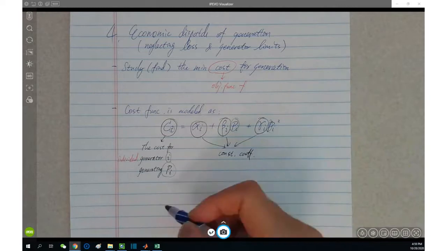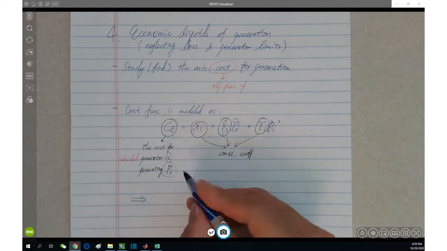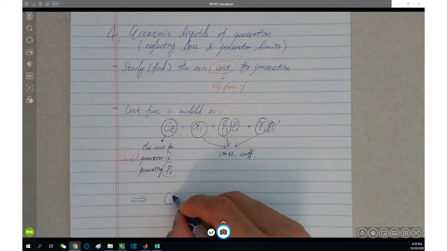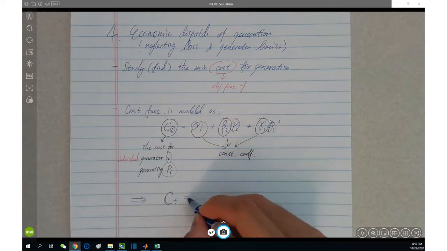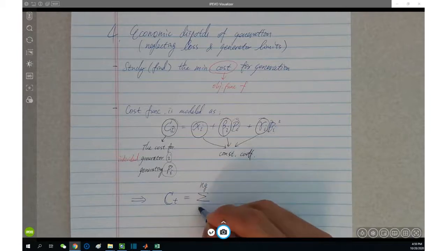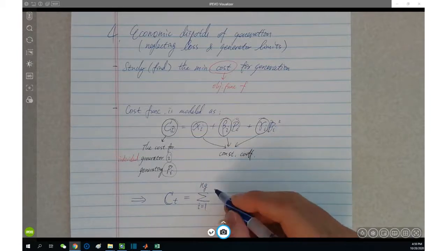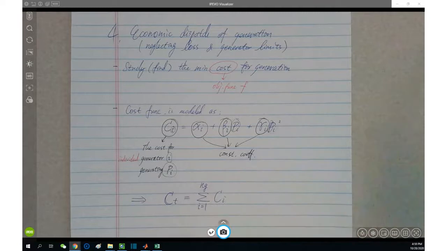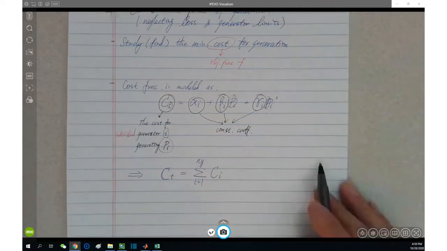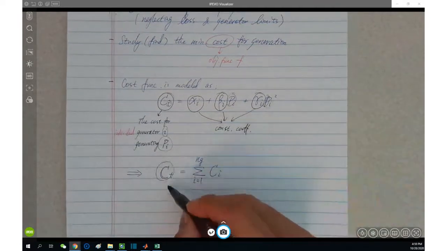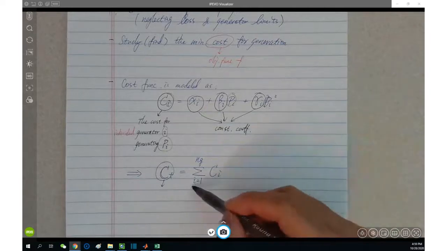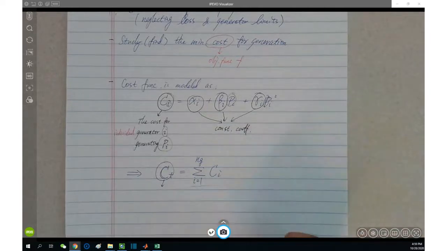Somehow you model them and come up with these constant coefficients. And this introduces capital C sub t, which equals, now it's not difficult to guess, right? By this equation, this C sub t is the total cost for all the generators.